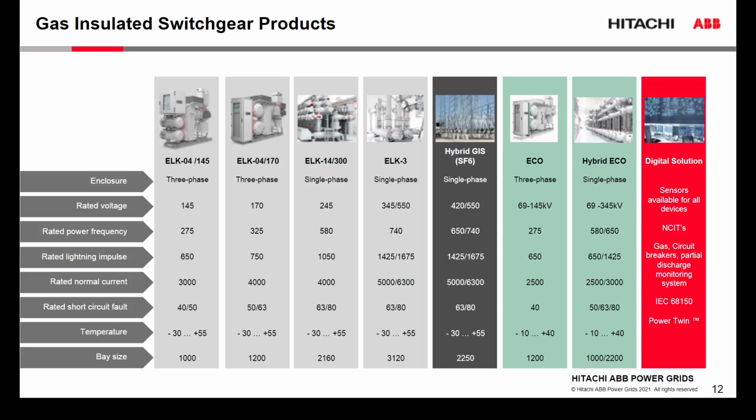We have our ELK04 and the ELK04 170, two products which are used in the 138 and 161 kV market, with the possibility of normal current ratings 3000 and 4000 amps to match requirements which you have on the typical conventional substation markets. The rated short circuit current on that technology is 40 to 50 or 50 to 63 kA, which can be used similar to conventional technology.